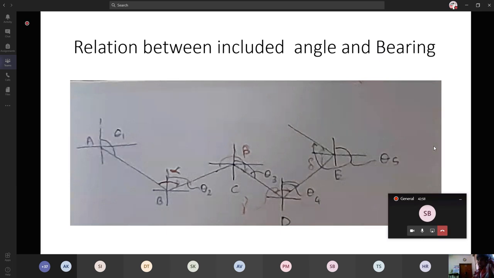Theta 3 is theta 1 plus alpha plus beta minus 450? No. Theta 2 plus beta minus 180.